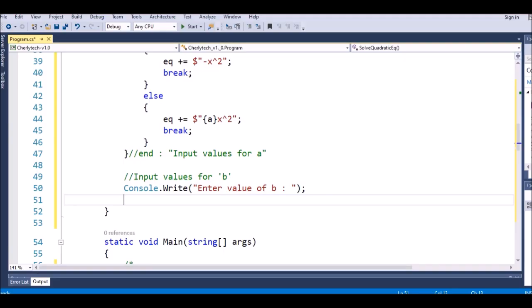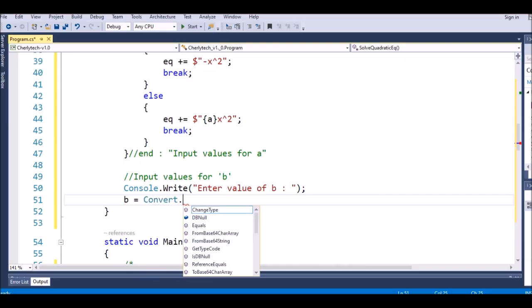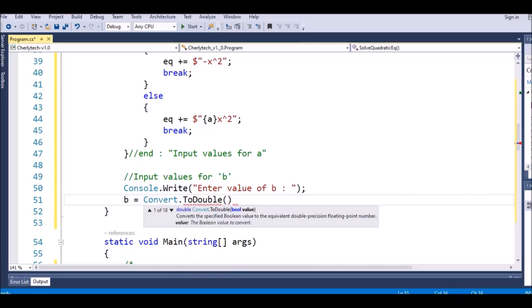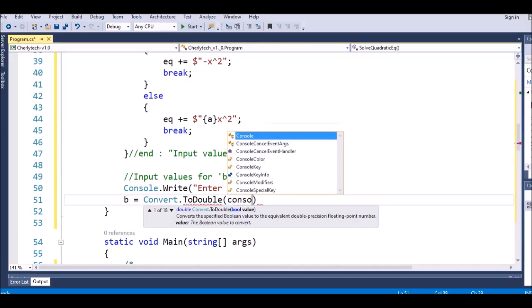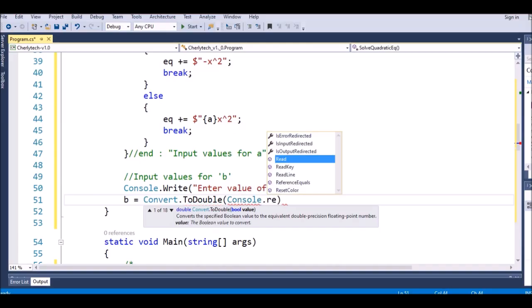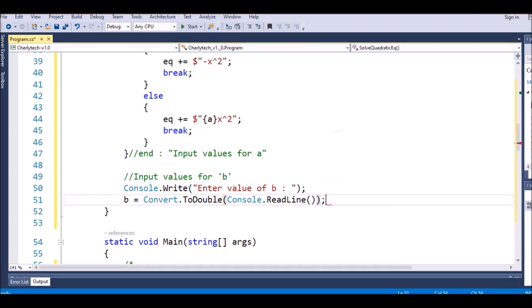So we say B equal convert dot to double, and in here we say console dot read line, like this.